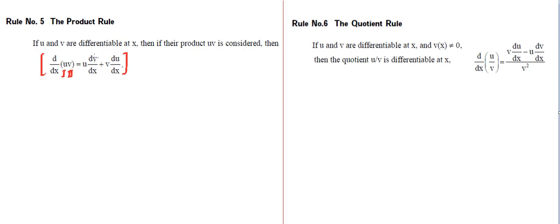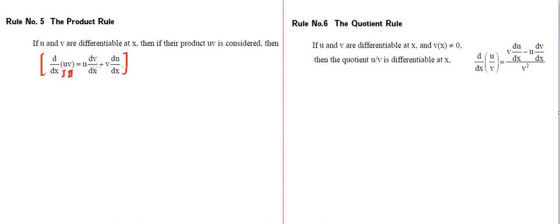Then we apply a plus symbol, and then we keep the second function as such and differentiate the first function. So this is how you can remember. The rule is: first function into differentiation of second, plus second function into differentiation of first. So we differentiate them alternately, add, and multiply with the undifferentiated function.